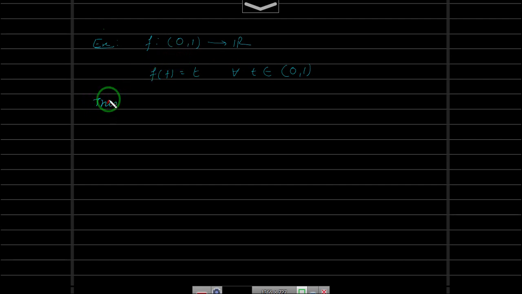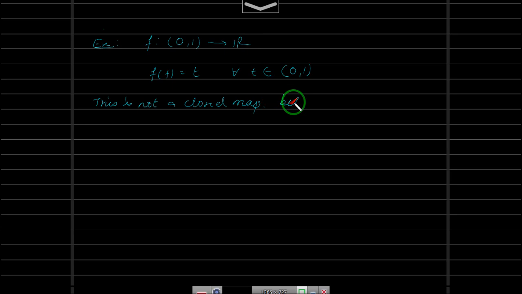You check the reasoning: for a closed map, any closed set in our domain has to be closed in our codomain. But (0,1) is closed in (0,1), while its image is the open interval (0,1) in R, which is not closed. So this is not a closed map.